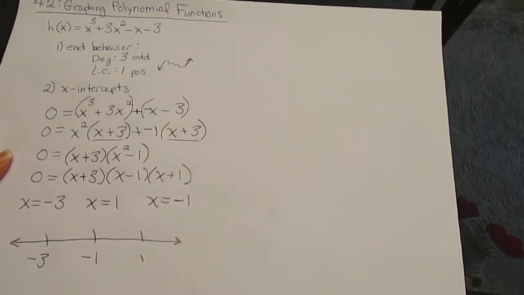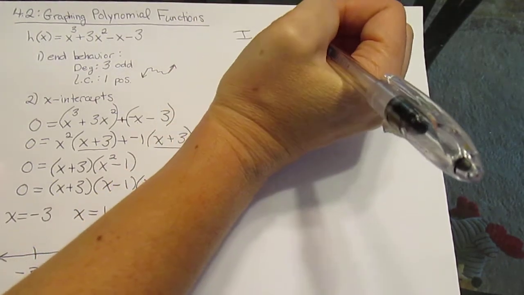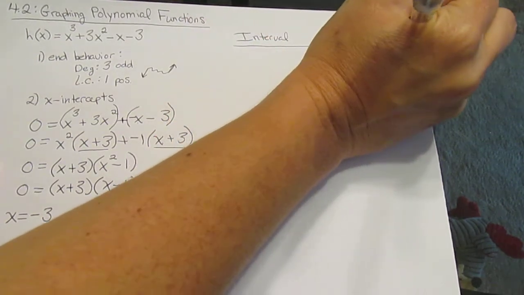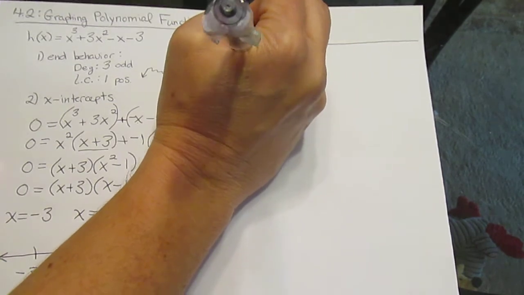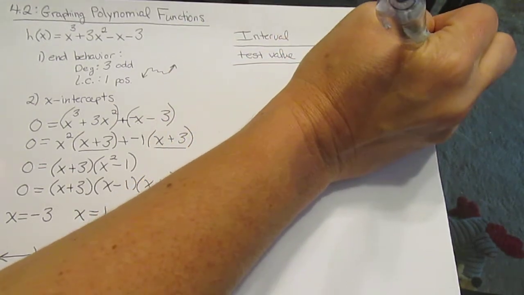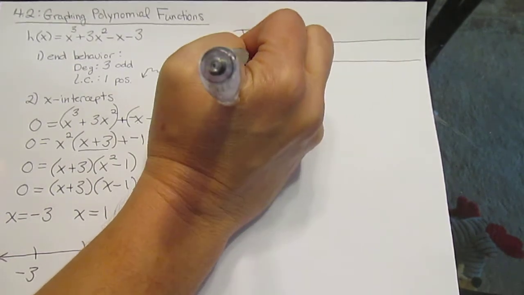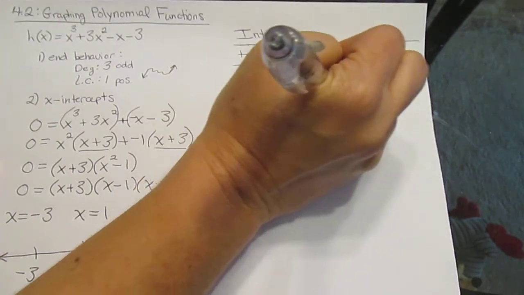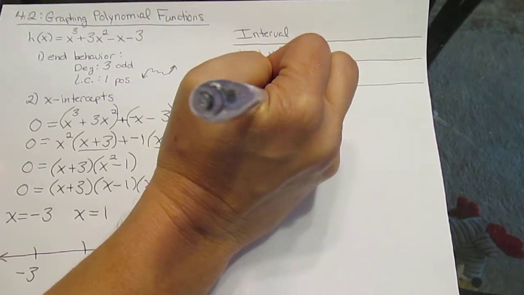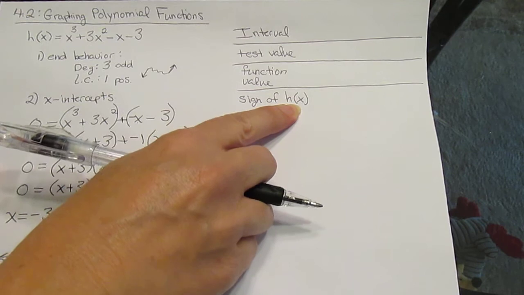So I make myself a table, and in this table I have a row called interval, test value, function value, sign of h of x, or of course whatever the name of your function is in your problem.